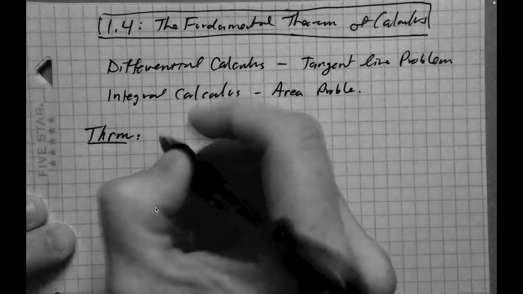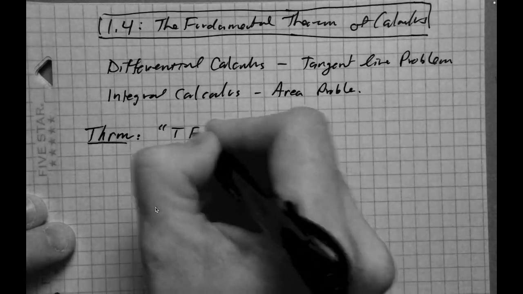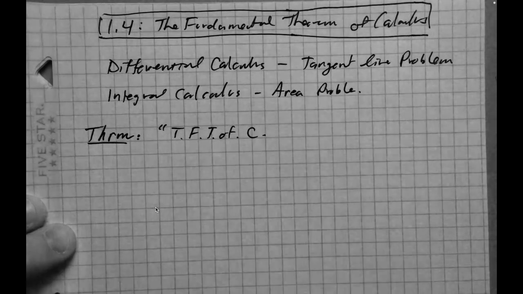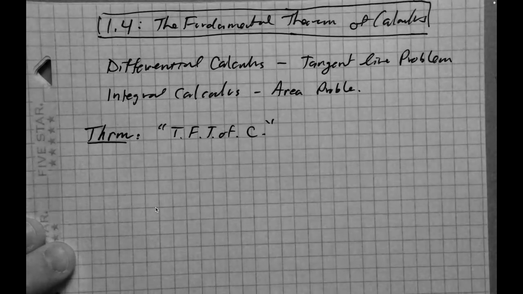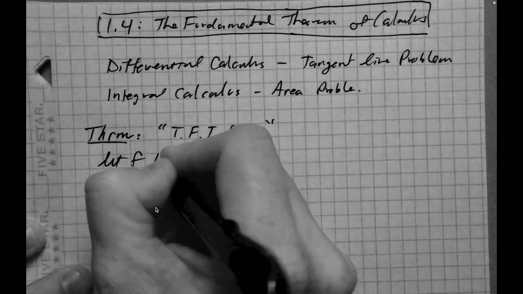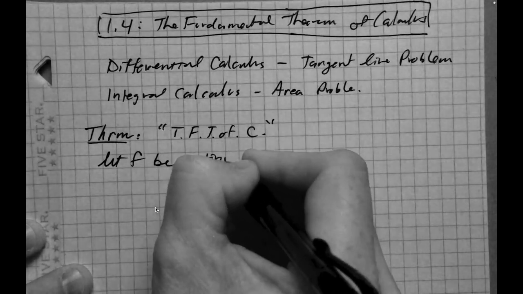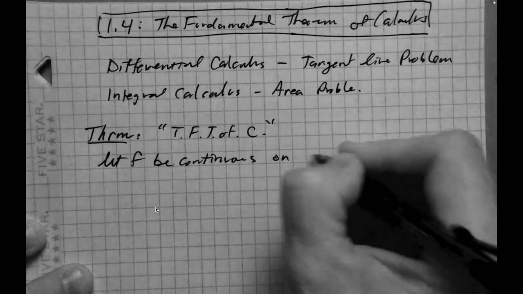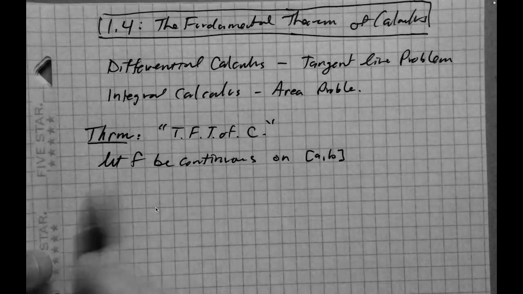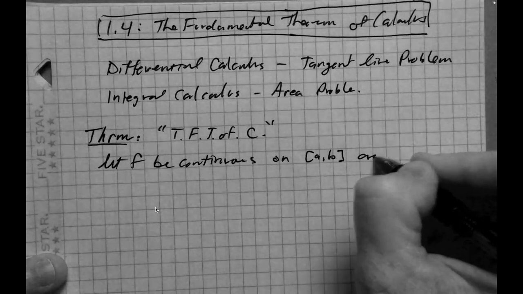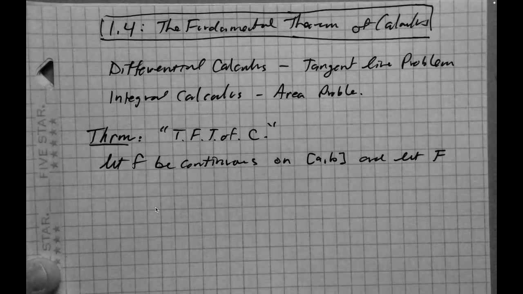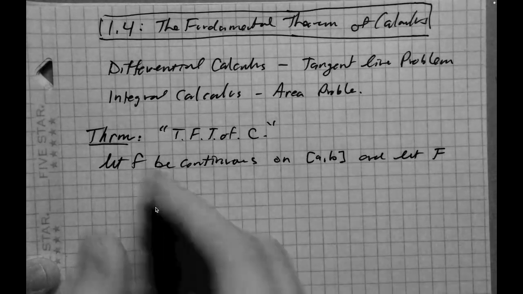So this is the fundamental theorem of calculus. Let f be a continuous function on the closed interval [a, b]. Okay, so f is a continuous function on [a, b], and let big F be an antiderivative of little f.